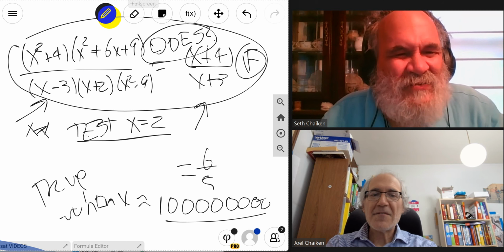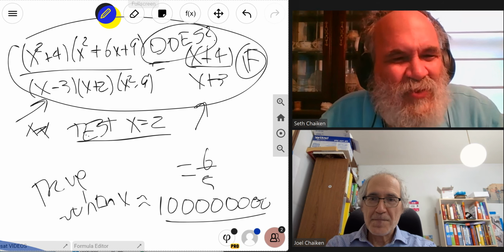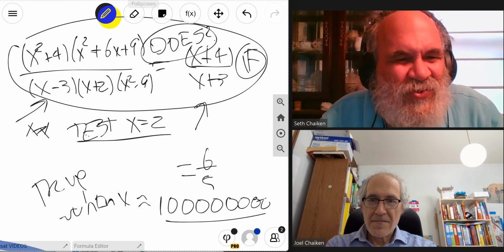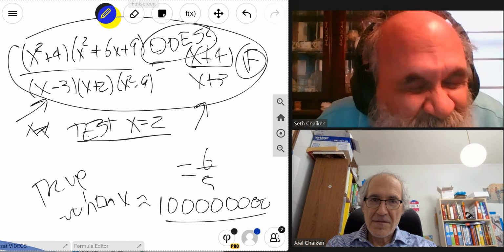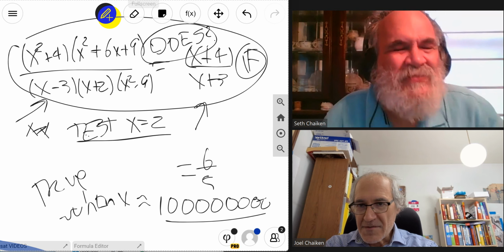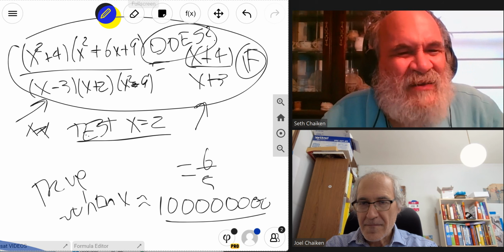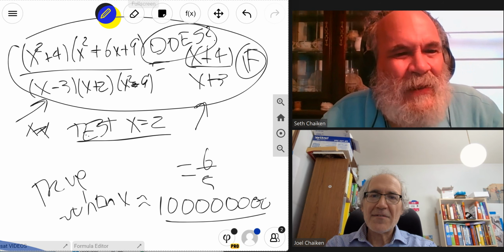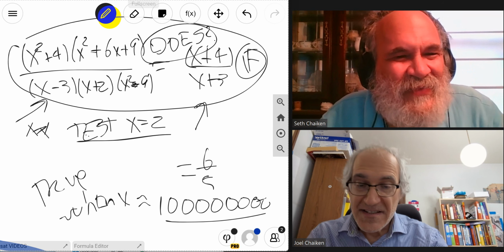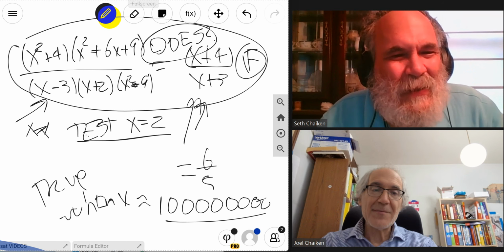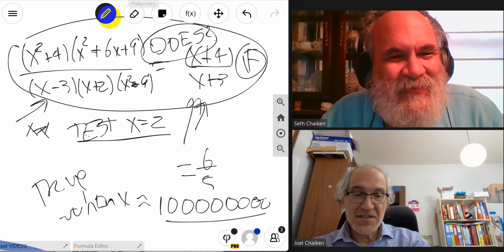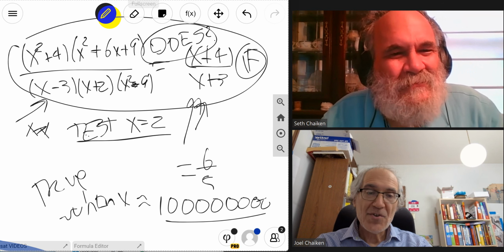Watch out, right? x equals 3 or x equals minus 2 or x squared minus 9, x equals plus or minus 3. Anyway, this is a nice way to check, except it's completely impractical. But if you're dying to see if the answer's right, you can check it out.